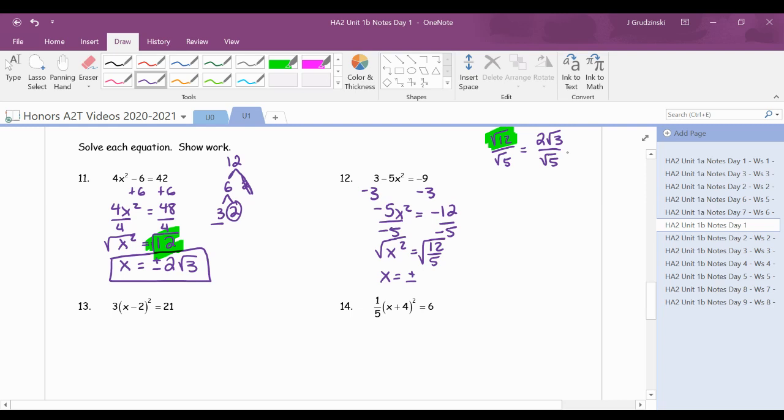So then to rationalize the denominator, I'm going to multiply by root 5 over root 5. So then I multiply the numbers under the radical together. So I get 2 root 15 over 5. And remember, we can't simplify the 15 with the 5 because the 15 is under the radical. We have 2 root 15 over 5.